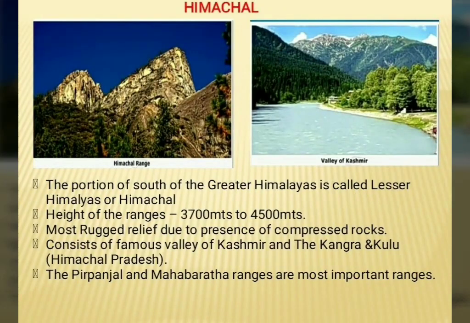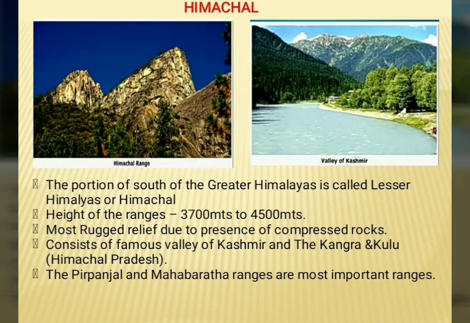The portion south of the Greater Himalayas is called Lesser Himalayas or Himachal. The height of the ranges is from 3,700 meters to 4,500 meters. Most rugged relief due to presence of compressed rocks.